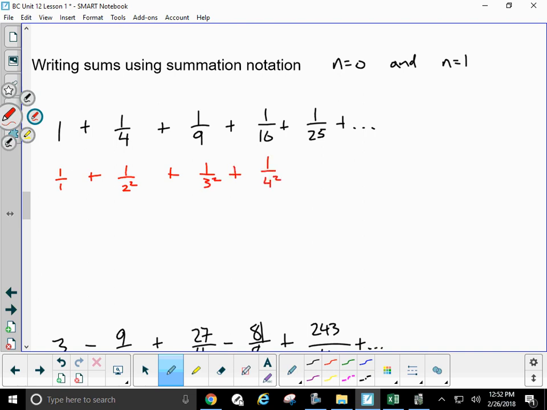After starting to see that, I can write that as 1 over 1 squared. And let's say this is my first term, my second one, my third. That corresponds with 1, 2, 3. I say, okay, this is definitely the sum, starting at 1 going to infinity, of 1 over n squared.